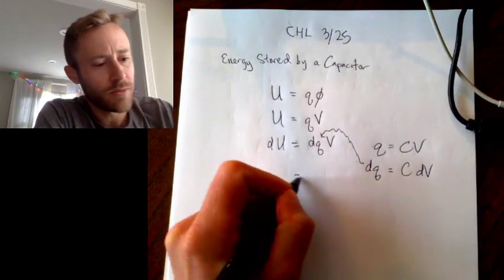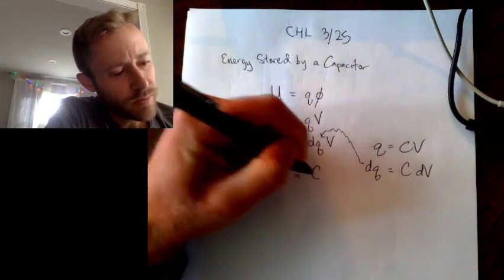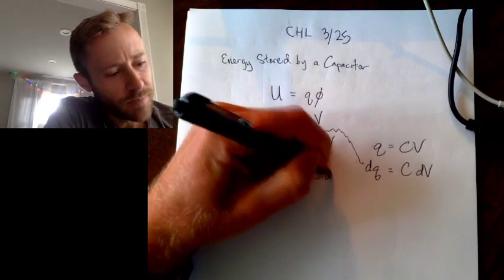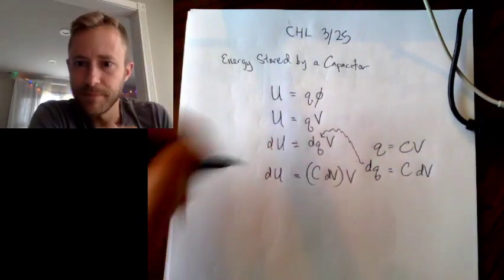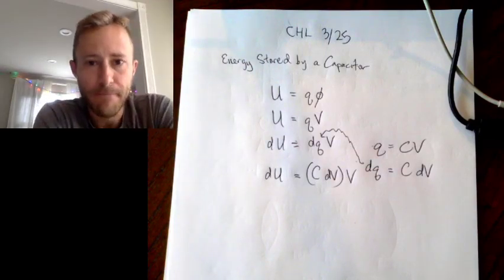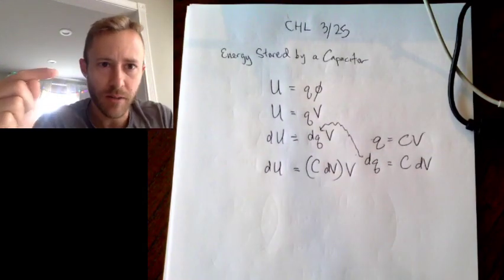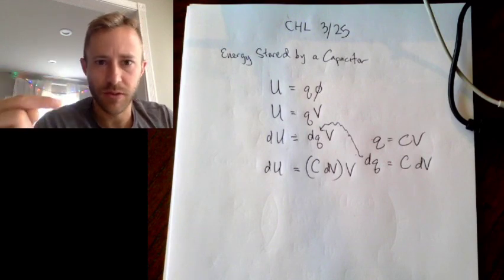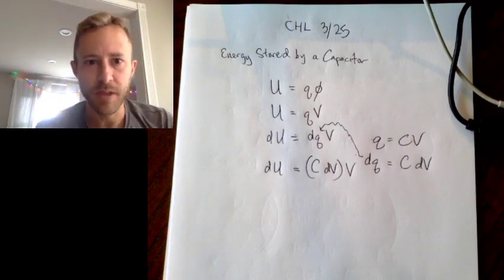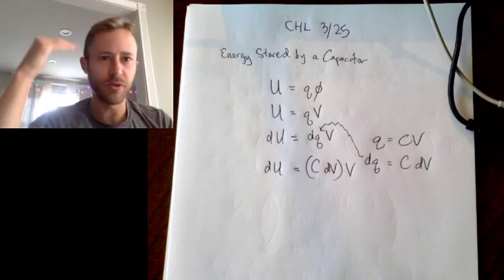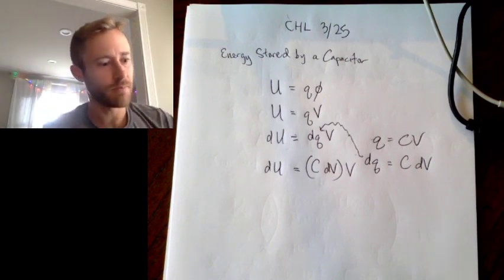And I have C times dV times V equals dU. Now what I want to imagine is gradually building up the voltage across the capacitor plate from 0 to some final voltage value.